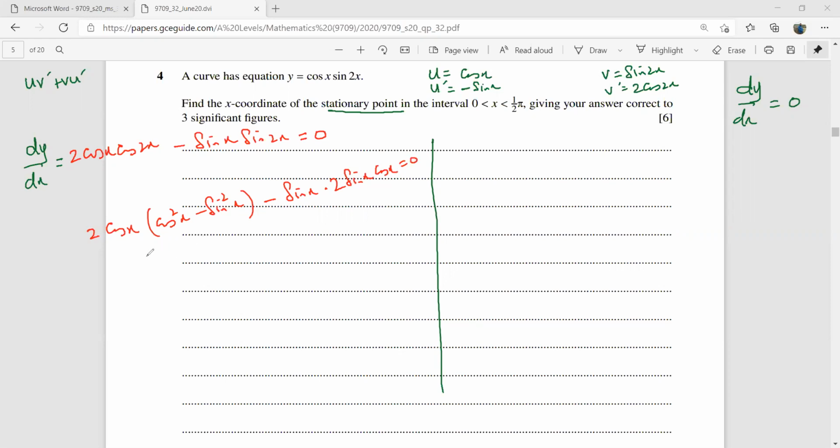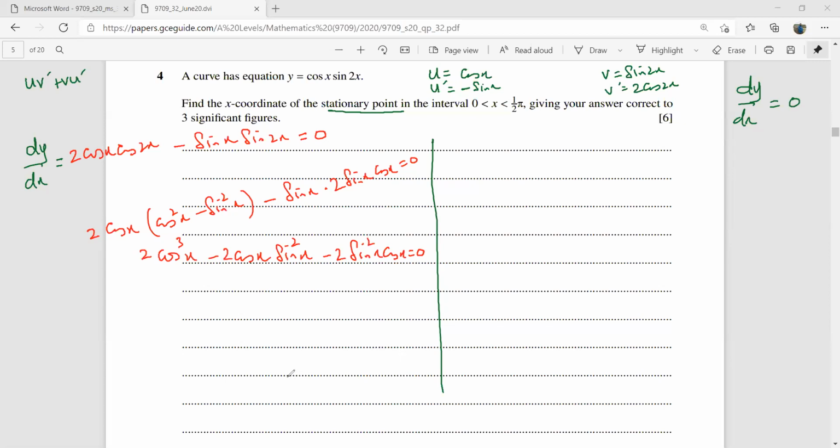Let's see, what do we get? So this is going to be 2 cos cube x, and then you have minus 2 cos x sine square x, and then you have minus 2 sine square x cos x equal to 0. Okay, if you look at this, 2 cos x is common throughout this equation.